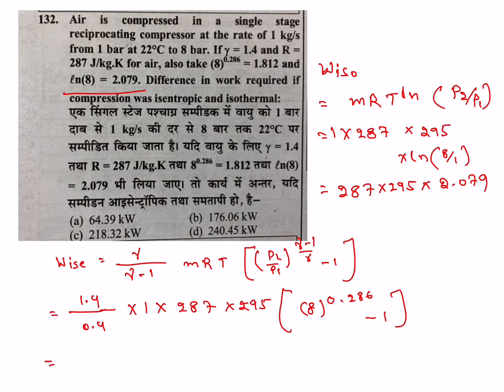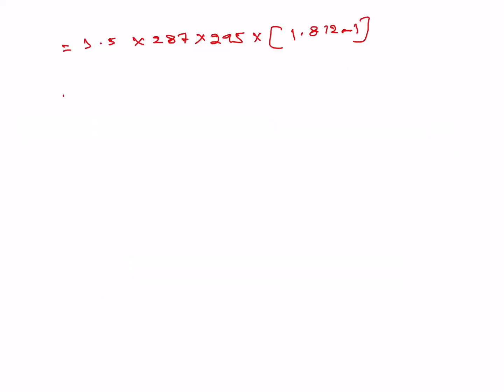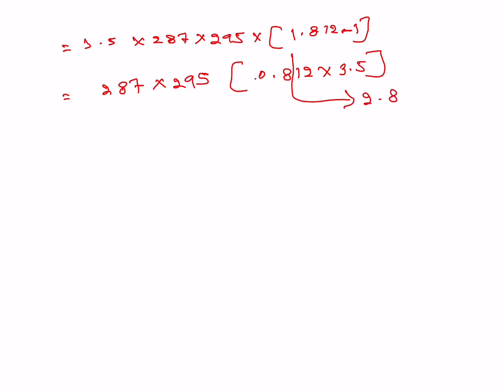So how much will you get? 3.5 into 287 into 295 into 8 to the power 0.286, how much will you get? 1.812 minus 1. 287 into 295 into 0.812 into 3.5. If you multiply this one you will get 2.8.